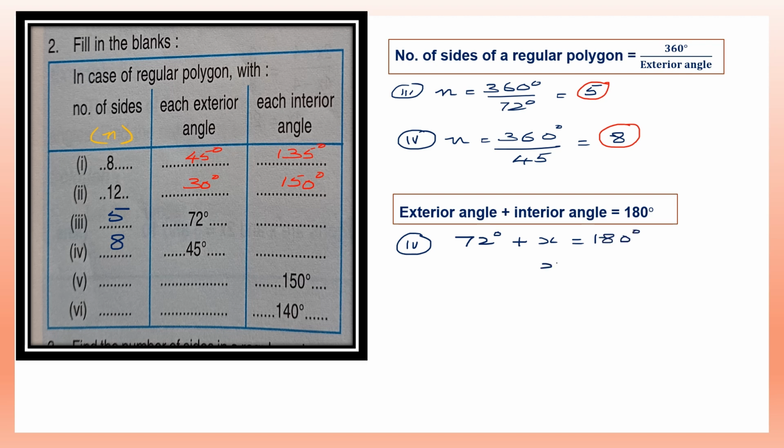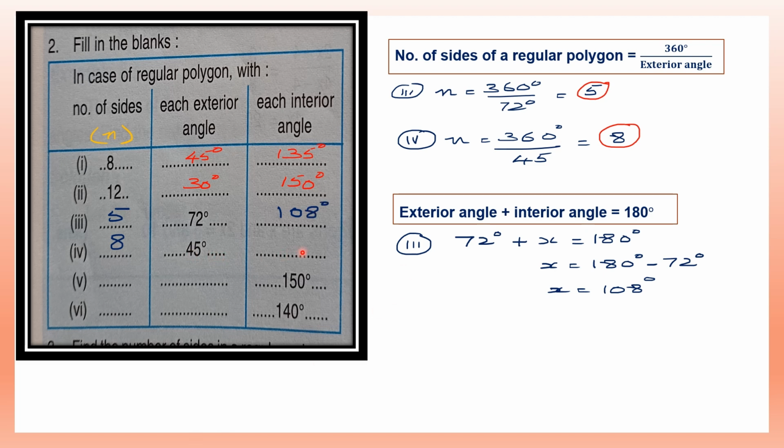So what is the value of x? x is equal to 180 degrees minus 72 degrees, and that is 108 degrees. So this is question 3, and that is 108. Let's write 108 degrees. So question 3 we have found.